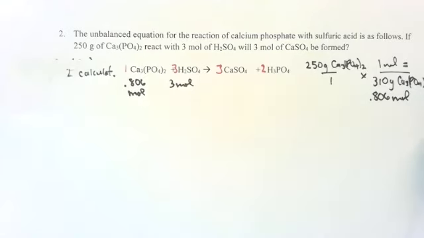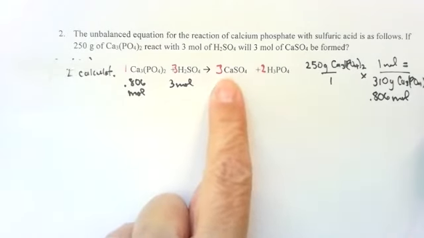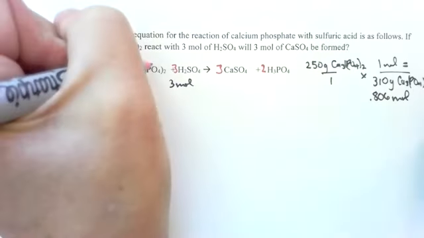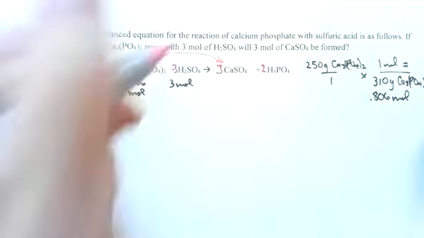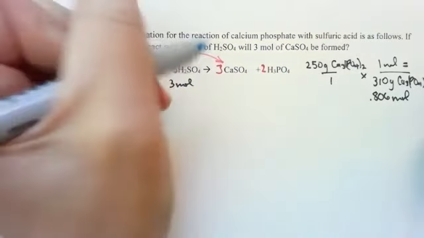The answer is, it doesn't matter. You can pick either one. This is the first product, so I'm just going to pick this. So for calculation number 1, I'm going to go from calcium phosphate to calcium sulfate. And for calculation number 2, I'm going to go from sulfuric acid to calcium sulfate.